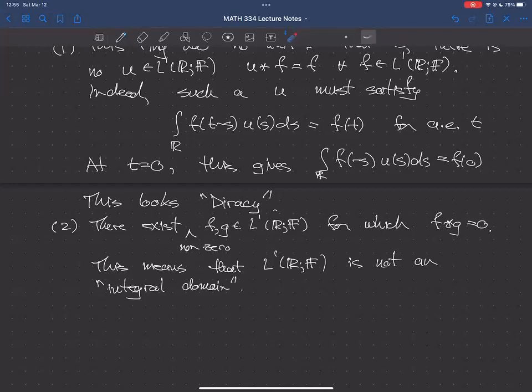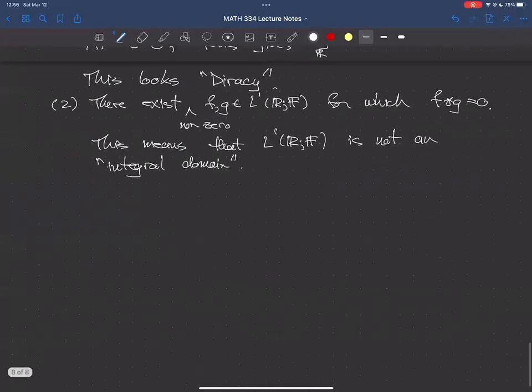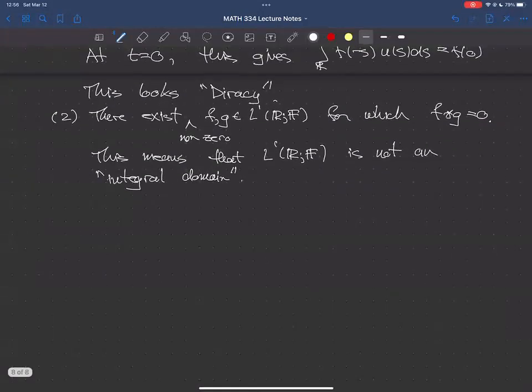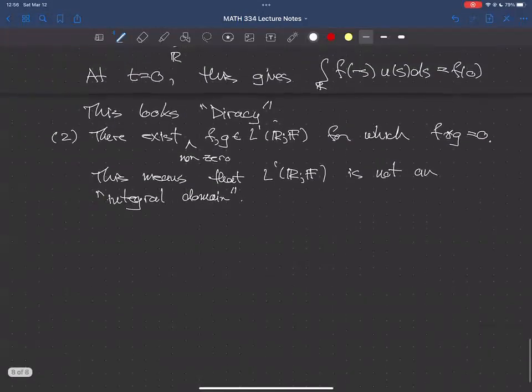An integral domain is just a ring in which, for every non-zero F and G, their product is not zero. The convolution product does not have that property.